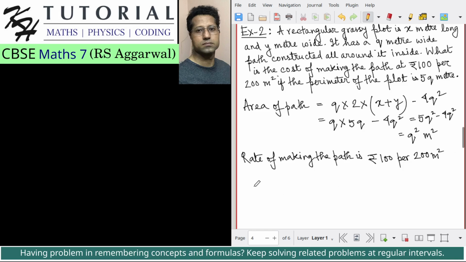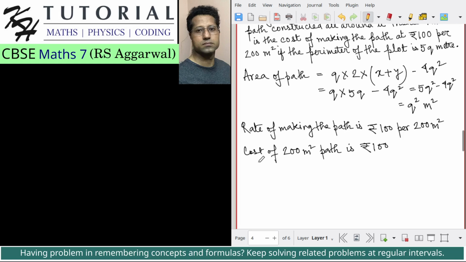It means that the cost of 200 meter square path is, applying unitary method, rupees 100. So now what will be the cost of 1 meter square path? It will be rupees 100 by 200.